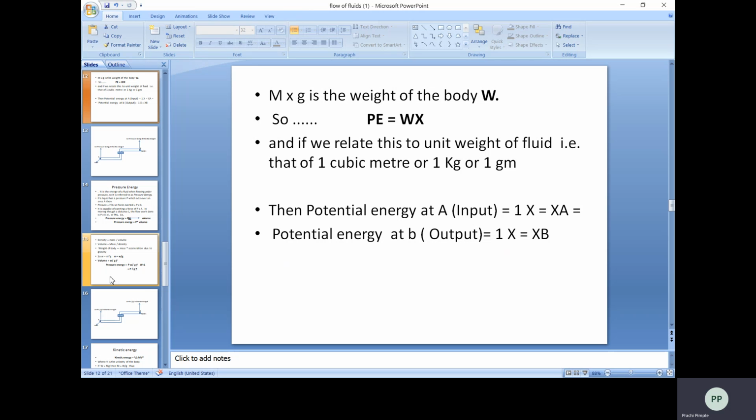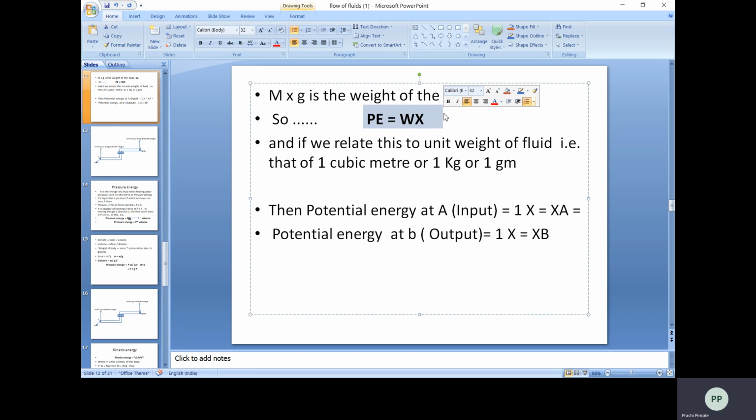We know that the weight of a body is equal to mass into acceleration due to gravity. So I'm going to consider the fluid as having unit weight, that means W is equal to 1. So in my potential energy, if I replace W by 1, potential energy is equal to X. Now what is X? X is nothing but the height that we have considered.